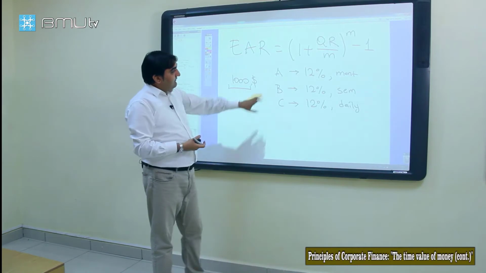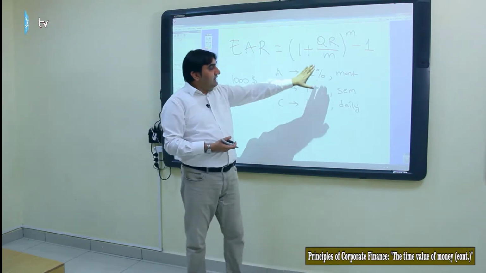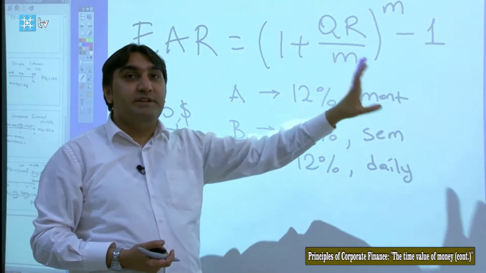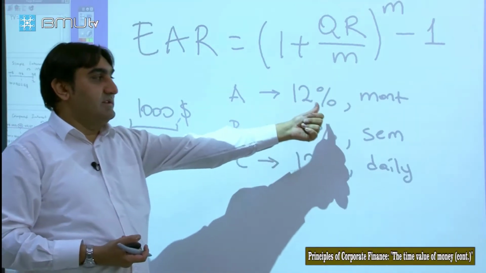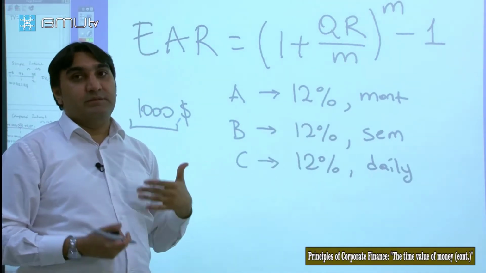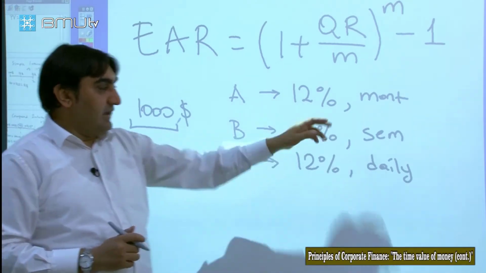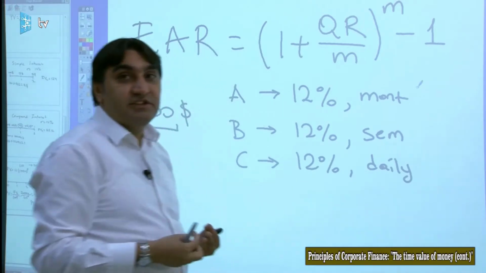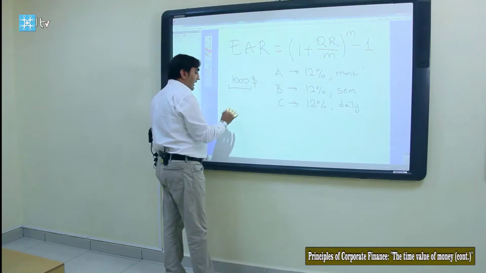Since they have the same rate but different compounding periods, the final amount will be different. We cannot say that because the rate is the same, the amount will be the same. No. As I said, the compounding period will change the final amount.